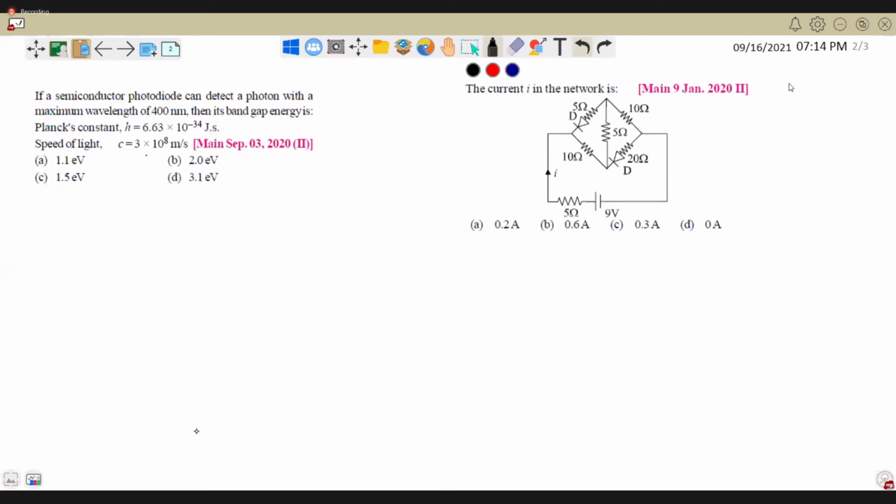If a semiconductor photodiode can detect a photon with a maximum wavelength of 400 nanometers, then its band gap energy is?